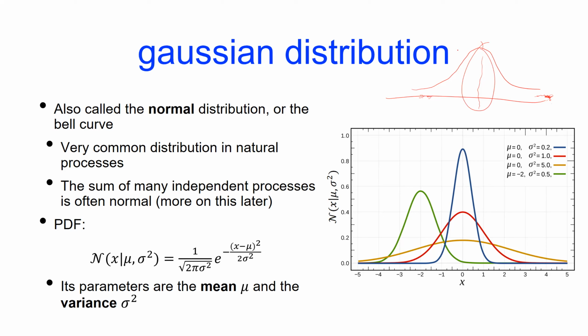distribution. So in order to model the Gaussian distribution, we need two parameters. One is the mean. The mean is the center. Let me rewrite it.